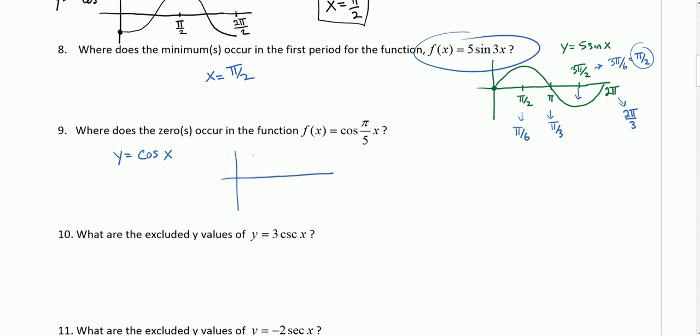Cosine starts high, comes down, and ends high. This is in the first period of the function, and this typically happens at pi over 2, pi, 3 pi over 2, and back up at 2 pi.